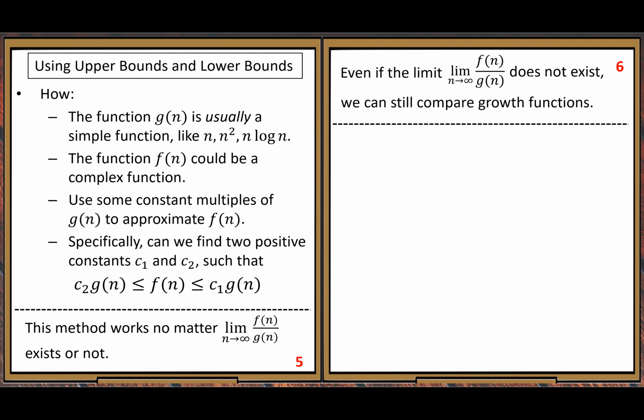Now you can see, because we use inequalities, we never do the limit calculation. We never do the limit calculation. So in this case, even if the limit does not exist, we can still use the inequality way to do the comparison.